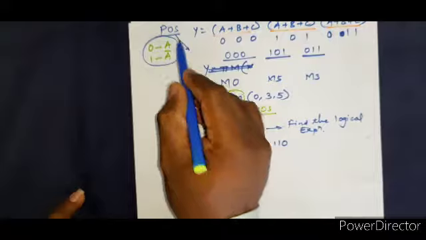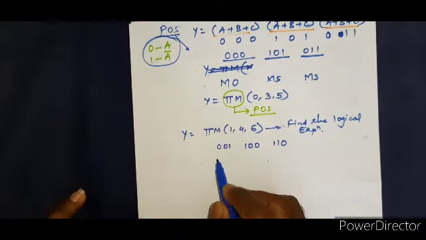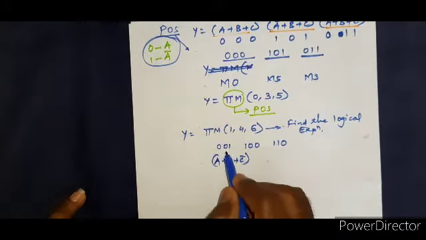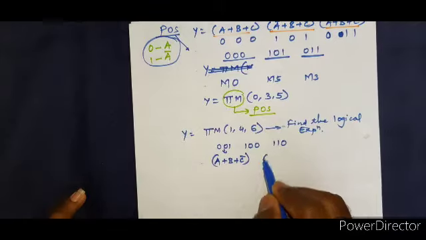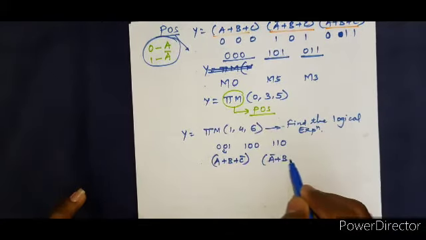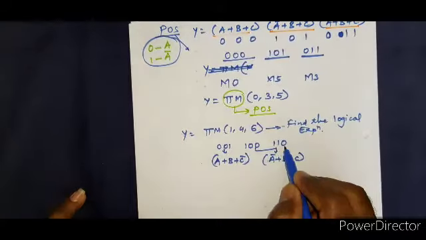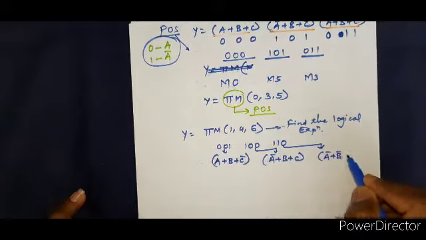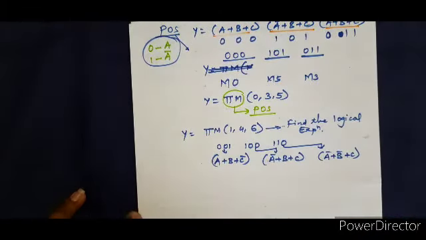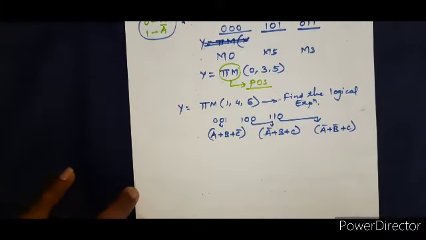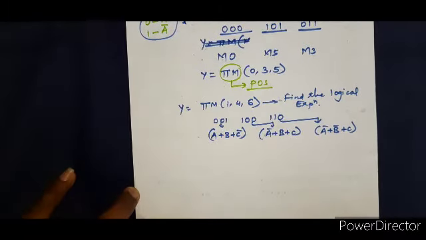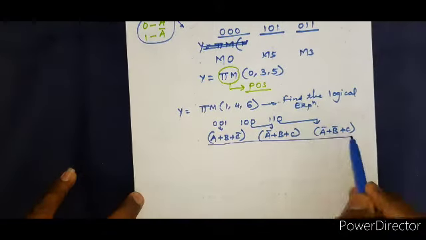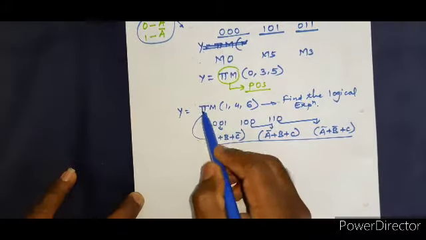As I said, 0 means the variable itself, so it is a plus b plus c bar for this one, then a bar plus b plus c for this one, and for this it becomes a bar plus b bar plus c. So this is how you can represent a given expression with the help of min terms or max terms, or vice versa.